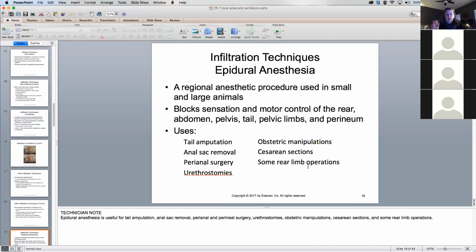The doctor was sawing into his stifle and screwing in plates, and that dog was on 0.5%. I've had people have animals on 3%. So it was probably one of my best, a great anesthesia and a great analgesic plan. So it can be done.